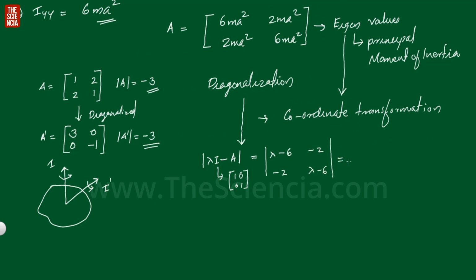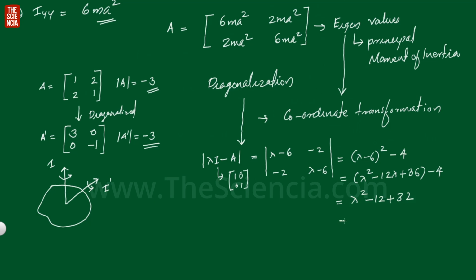What we get is lambda minus 6 all square minus 4, that is lambda square minus 12 lambda plus 36 minus 4, that is lambda square minus 12 lambda plus 32.